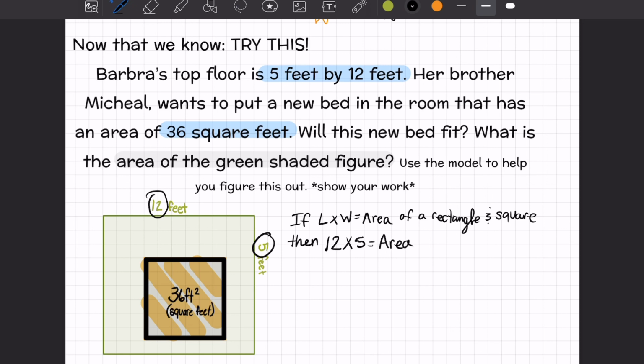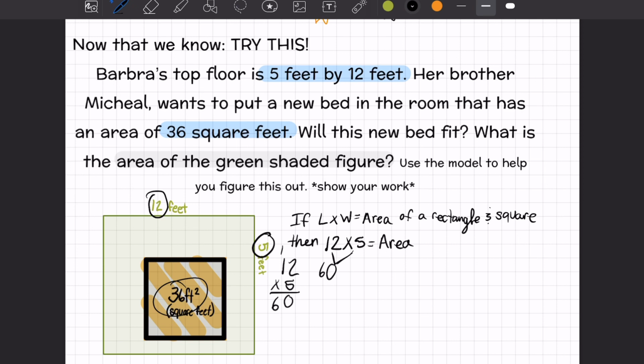Now they're allowed to show their work. So 12 times 5. Some of my students will do it out. They'll be like, okay, 0, 1, and 6. Or they just write 60. Like they just automatically know it from fact fluency, and so they'll just write 60. From here, we then find the quotient because we are looking at 36 feet squared. What they already know from their prior knowledge is that if something is squared, then two numbers were multiplied together to equal that.